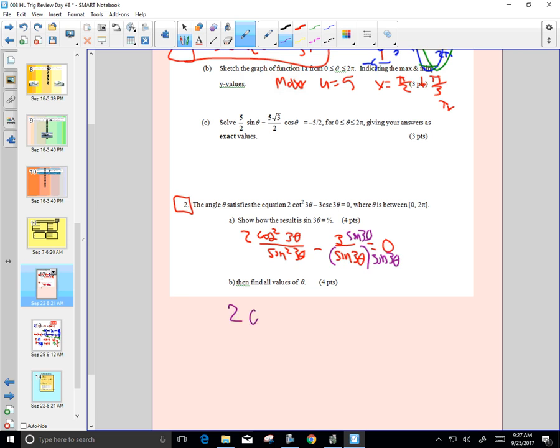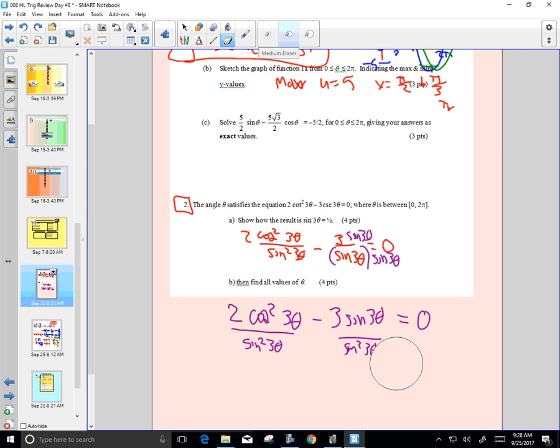So now we have 2 cosine squared 3 theta minus 3 sine 3 theta equals 0, and both of these have sine squared 3 theta. And essentially this one does too. Because if you divide by anything, 0 divided by anything is still 0. Are you okay with me ignoring this whole bottom part? Is that all right? Once we get a common denominator and set it equal to 0? Is that part okay? All right.